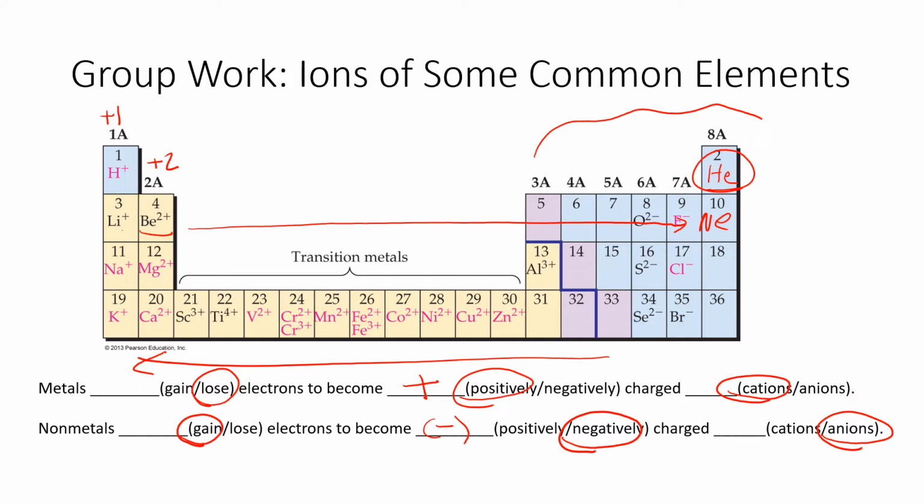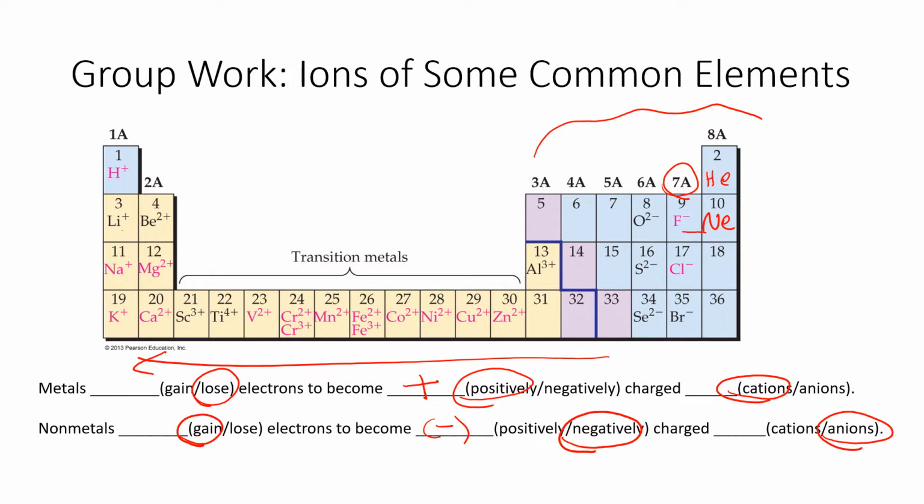It looks like helium is closer, so of course the metals tend to lose so they can look like the same electron configuration as the one before, okay? Now, on the other hand, let's look at fluorine and anything in group 7A. All right, in this case, who's closer, neon or helium?